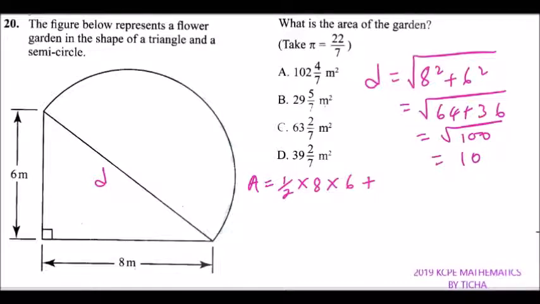centimeter. So you get the area of the semicircle is a half, 22 over 7 multiplied by r squared, which is 5 multiplied by 5. So here you can simplify, you divide by 2, you get 4, implying that here you get 4 times 6, that will give you 24, plus then here you can simplify, you get 11.